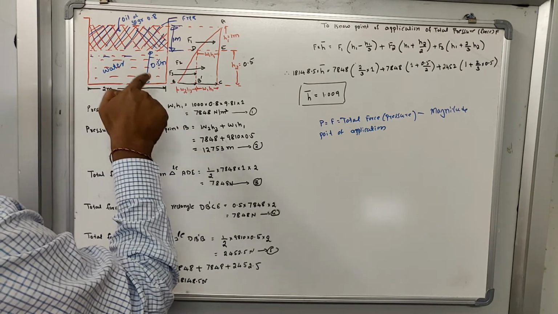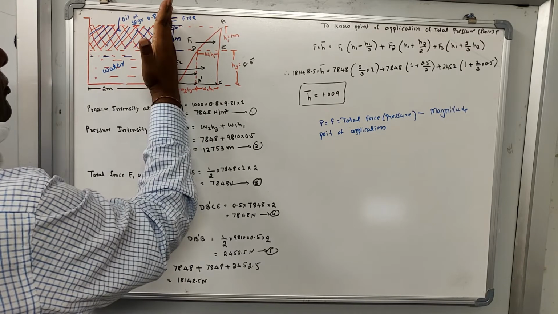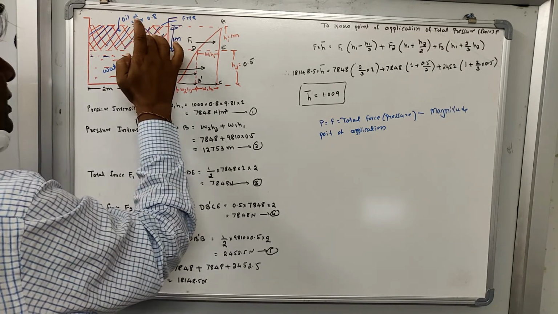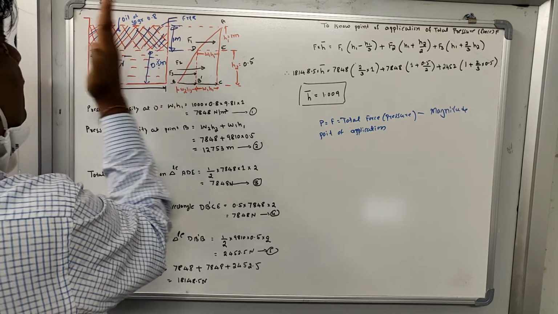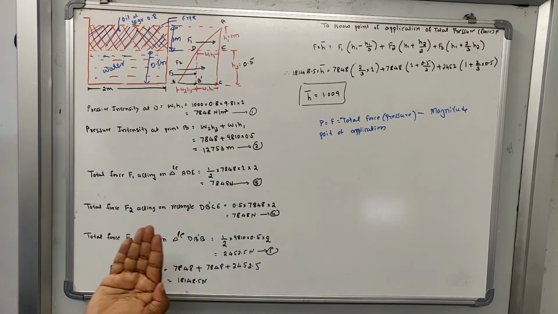So you have to calculate the force exerted by these two fluids on the vertical walls, on the sides of the tank.